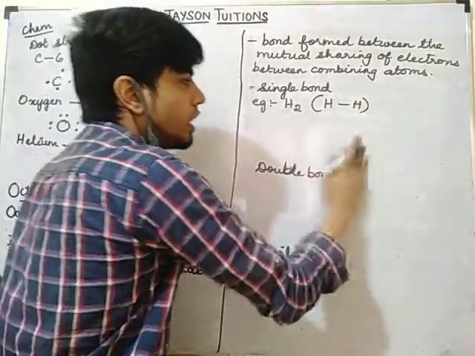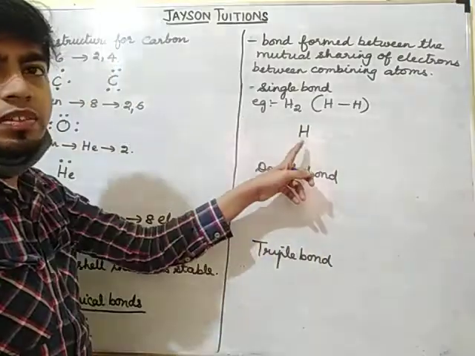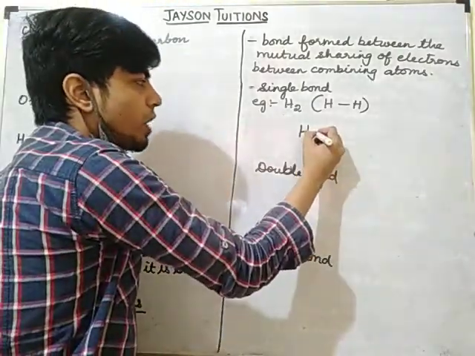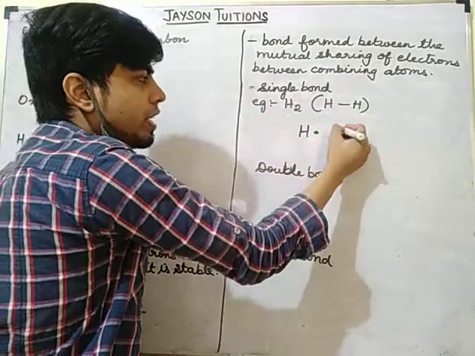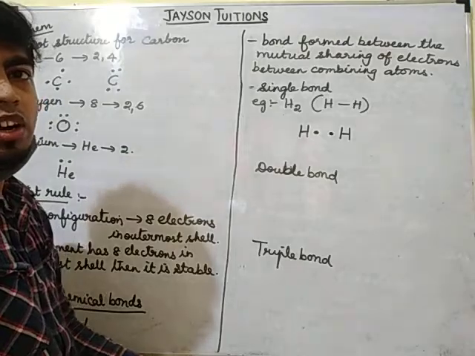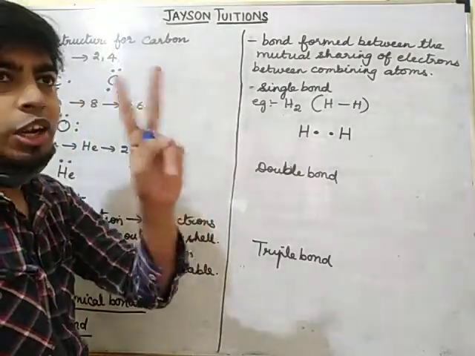So how to draw the Lewis dot structure for hydrogen? Hydrogen, how many dots should we keep? Atomic number is 1, so we should keep 1 dot. One more hydrogen is there, for that hydrogen also I should keep 1 dot. For the first shell, how many electrons should be there? 2 electrons.